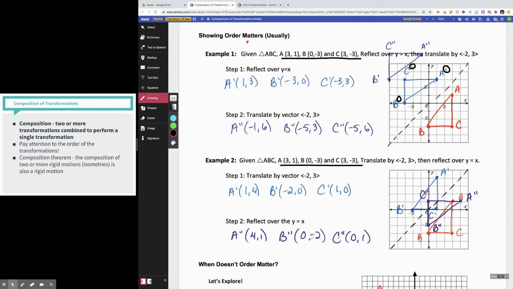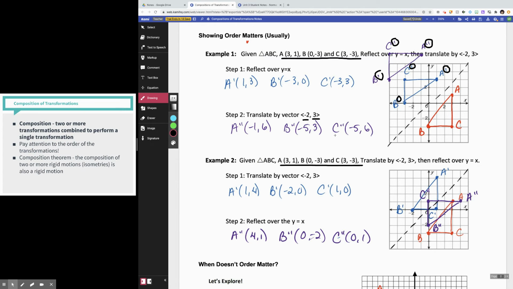And then we took the blue triangle and translated it 2 units to the left and 3 units up. And then we ended up with this purple triangle here, which notice has 2 dash marks on its coordinate points, indicating that it's the second transformation that occurred. If we did a third transformation, those points would have 3 dashes, 4 dashes, and so on and so forth. So you end up with this purple triangle that's almost off the grid.